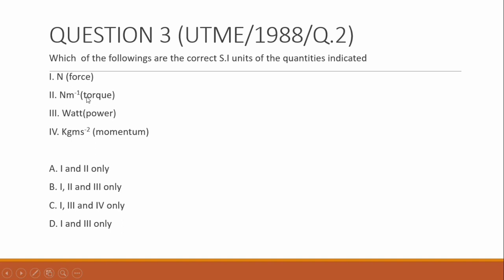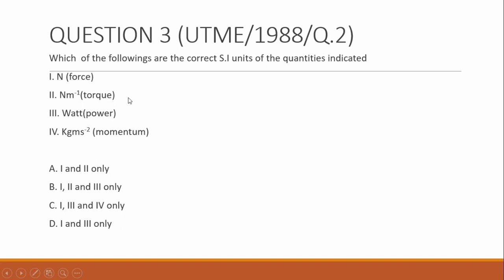Torque is the same thing as saying moment of a couple, which is the product of force and the perpendicular distance. So it should be Newton meter, not Newton per meter. So torque is in Newton meter, not Newton per meter.